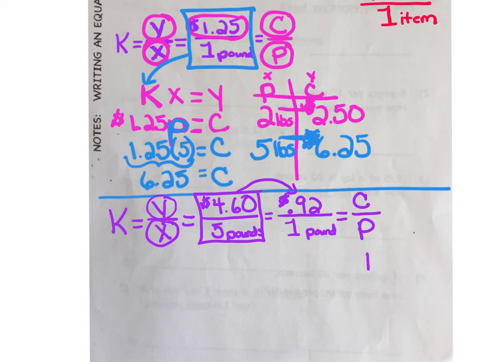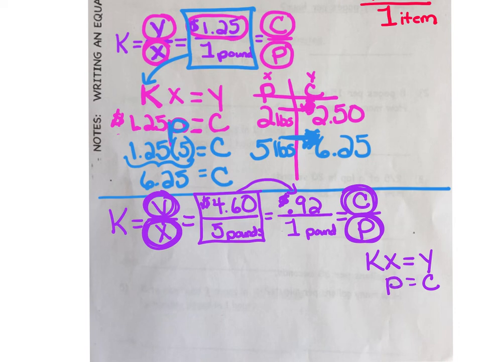So instead of using k times x equals y, the y will be replaced by the c, and the p for pounds will take the place of an x. And of course, our unit rate, or our K rate, which is 92 cents per 1 pound, will be represented here.